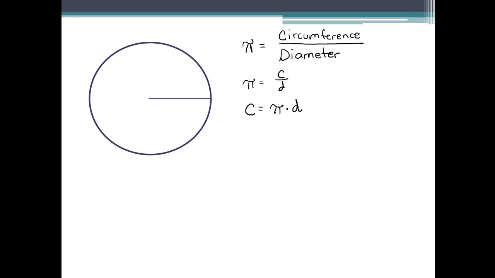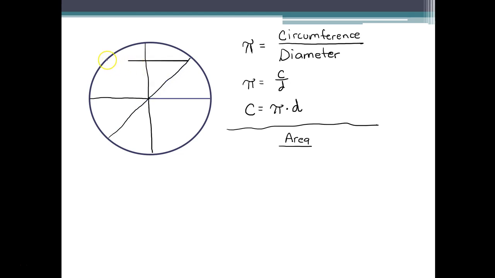And then for area, you could try to divide up your circle into little squares, but that gets pretty tricky on this rounded part. It gets pretty messy. So how do we develop the area of a circle? Well, imagine your circle being divided up into tons of pizza slices, pie slices, whatever you want to call it.